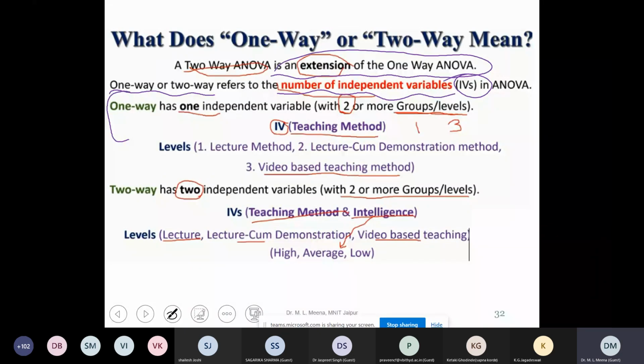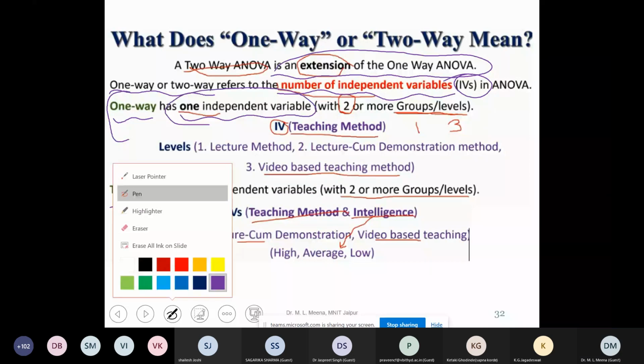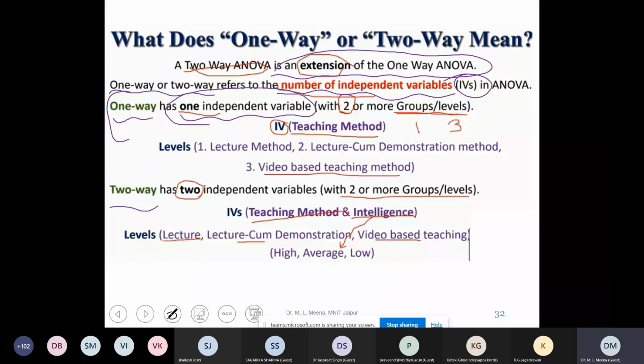Comparison between one-way and two-way ANOVA. One-way ANOVA has one independent variable with two or more groups. In the previous example, our one independent variable was the teaching method. The teaching method has three groups.